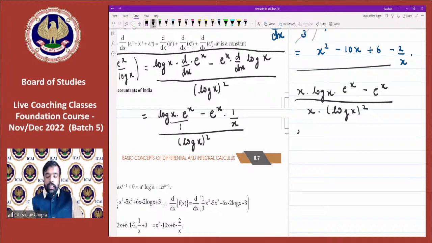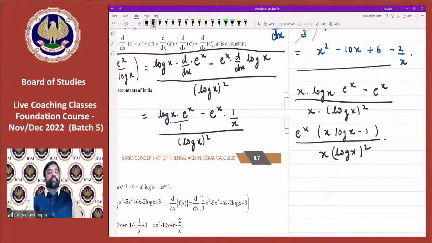So we can take e to the power of x as common. So what will be left? x log x minus 1 upon x into log x square. Okay, so this becomes the final result.